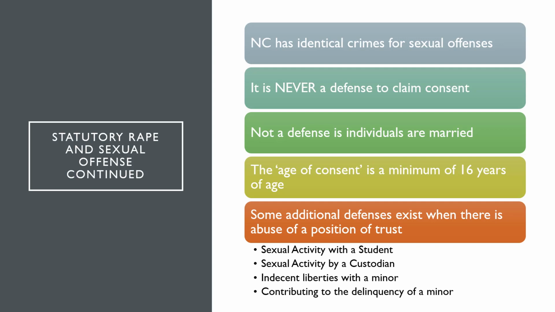And then contributing to delinquency of a minor, allowing usually them access or allowing them to do certain things. Now, you notice that most of the time there's a power dynamic here. There is a person with a lot of power and a person with almost no power. And what the law is worried about there is, since one person has all the power here, they could always claim, well, look, this person consented. Well, no, they didn't really have a choice to consent. So we put the law in to protect those people.